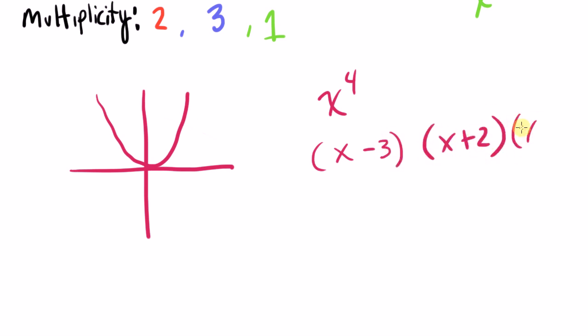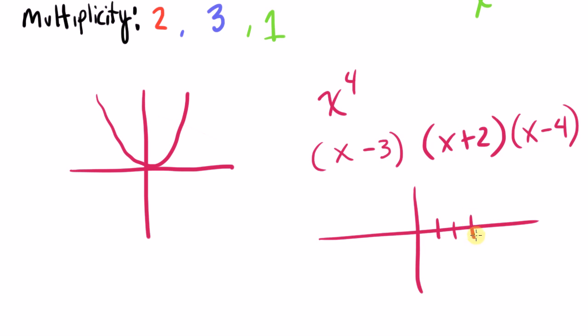Something like that. I'm just going to real quick go through this. So I have zeros at 3, a 0 at -2, and a 0 at 4. Right? Okay. This is x times x times x, so this is cubic. And let me just make this x cubed, and let me just say this is f of x equals x to the 4th.